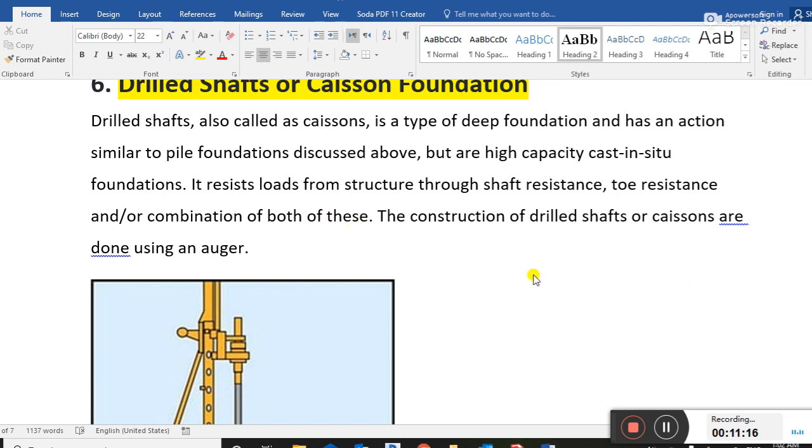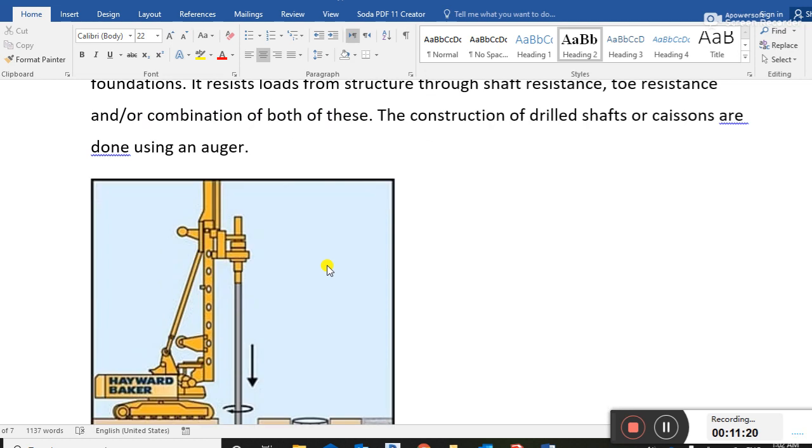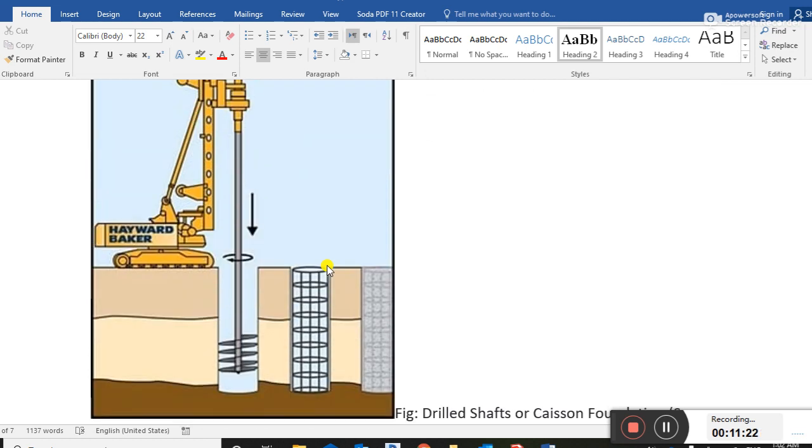The construction of drilled shafts or caissons is done using auger boring. Guys, you see this is the auger boring rotating for the excavation of the soil. Then the column reinforcement is designed and put here, and then we cast in situ, we pour the concrete.